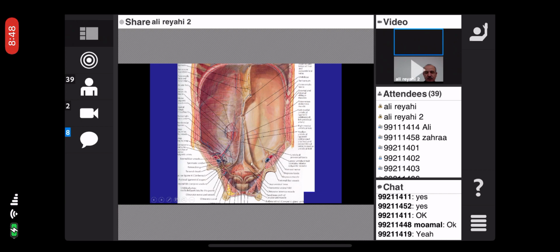This is the supravesical fossa, medial inguinal fossa, and lateral inguinal fossa. And the deep inguinal ring lies in the lateral inguinal fossa.